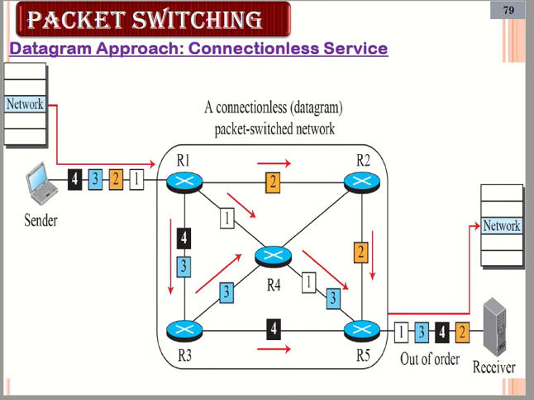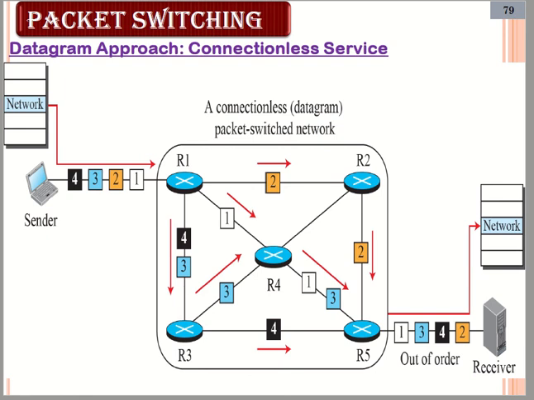It has to decapsulate, that is, remove the receiver address, the sender address, and the additional information sent for routing purposes, and then combine them together and give them to the transport layer for further operation. Hope you are clear with packet switching in the datagram approach.